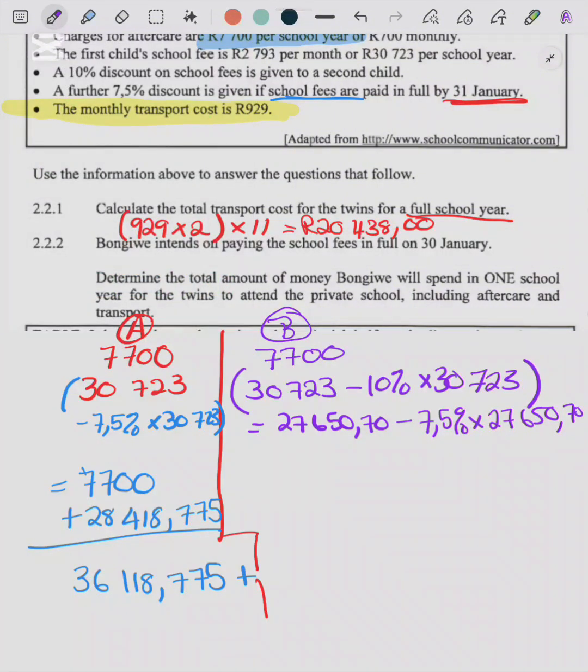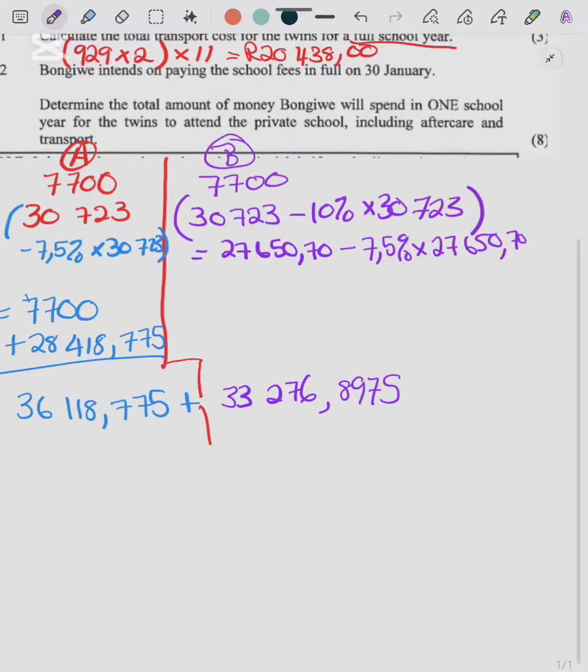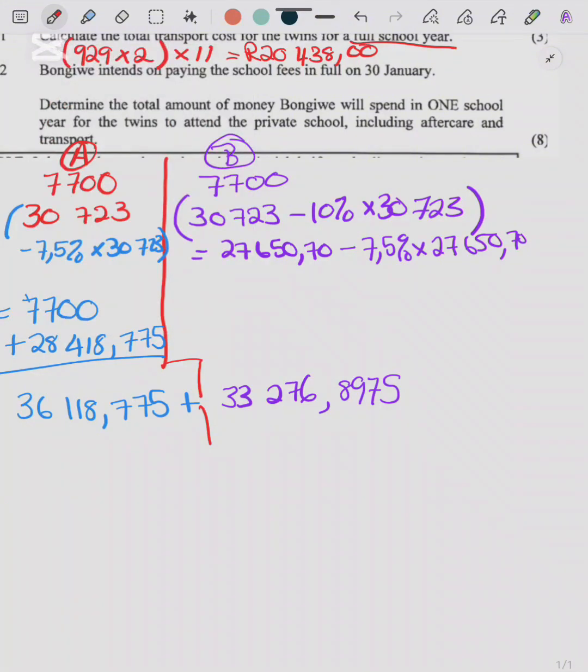And when you calculate that one out, gives me 33,276.8975. And then just remember with that, we also needed to add in our transport from the previous question, because we have to add the transport in as well for both children. And that was 20,438 and no cents.